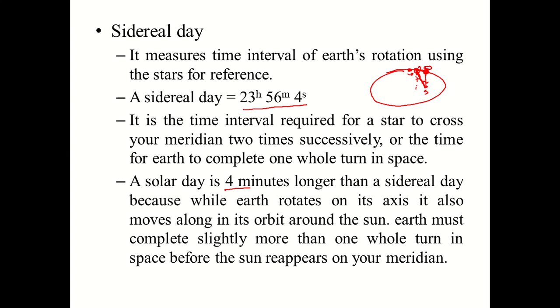in order to see the sun, the Earth has to rotate a little more than 360 degrees, as the Earth is revolving around the sun along the rotation.